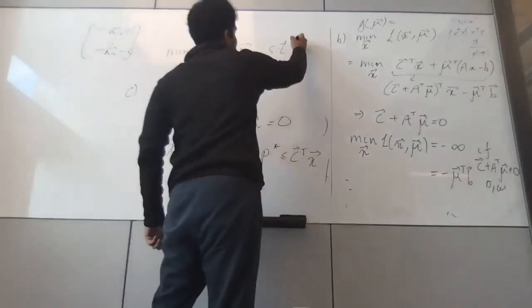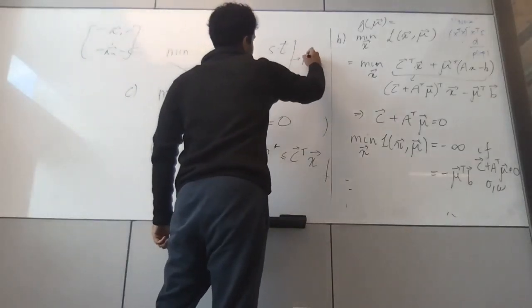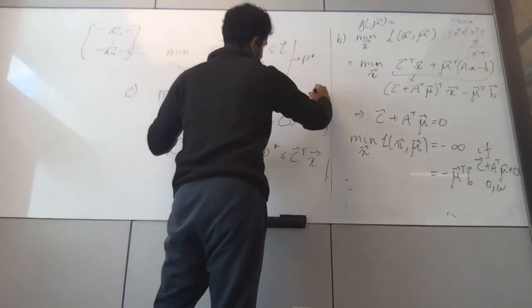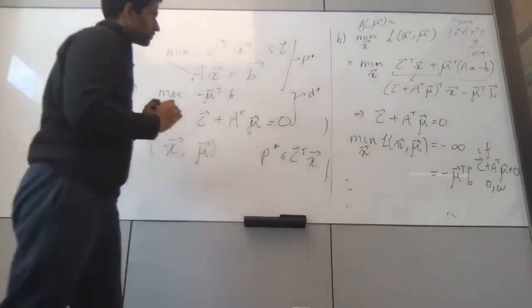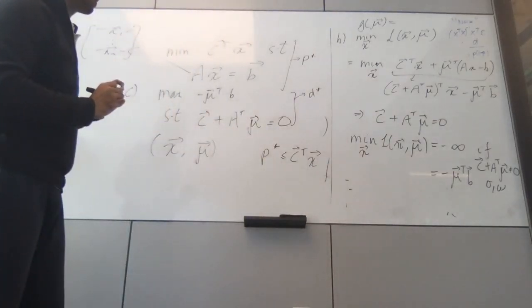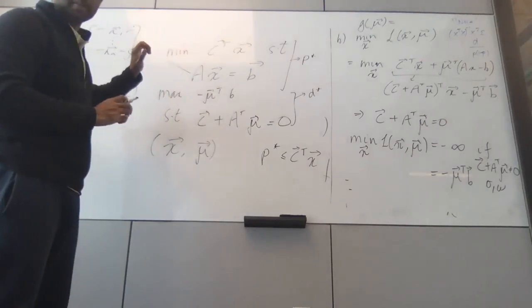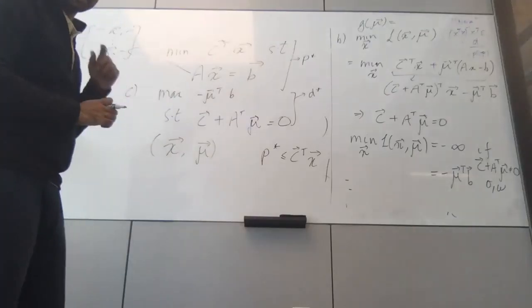P star is the optimal value of this problem, and D star is the optimal value of the dual problem. So if I solve this problem, the value would be P star. Is that clear?